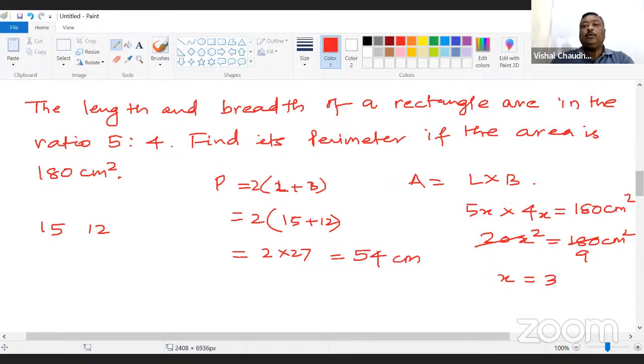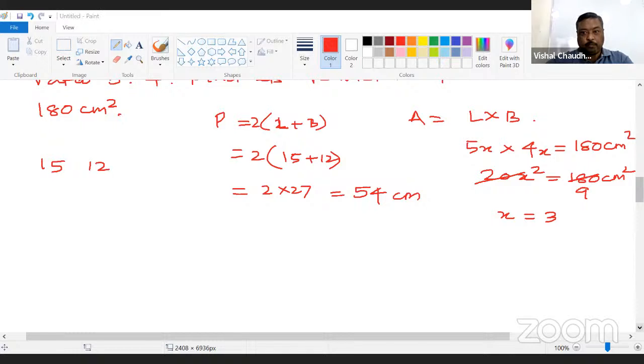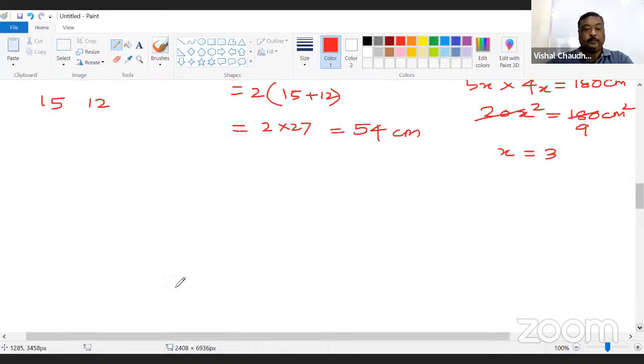So let's go to the next question, and the next question says, the sum of cubes of two numbers is 280.